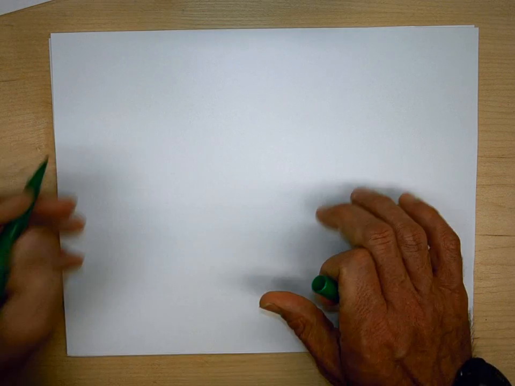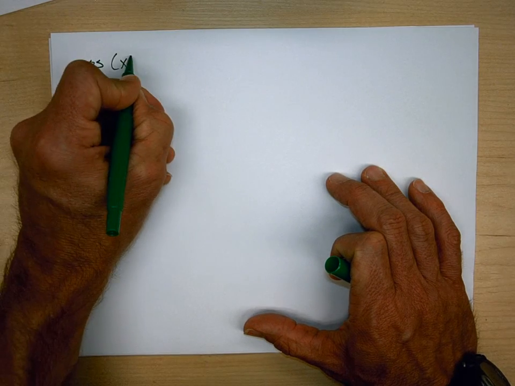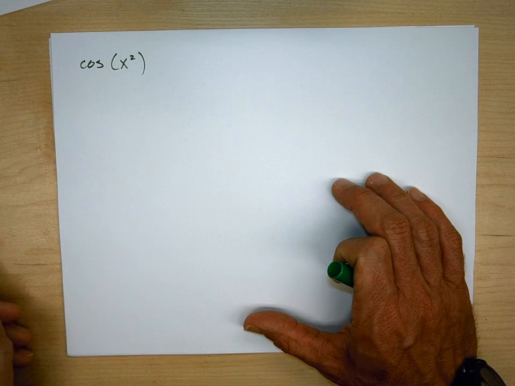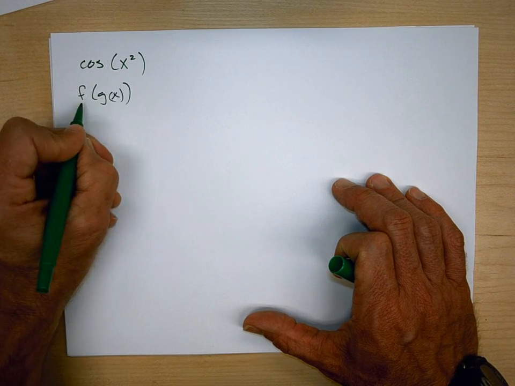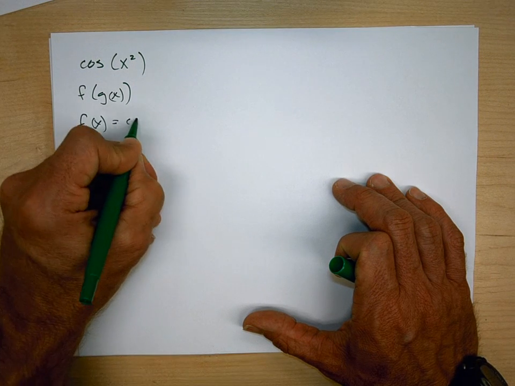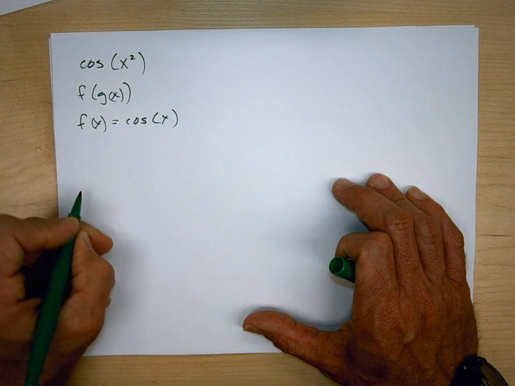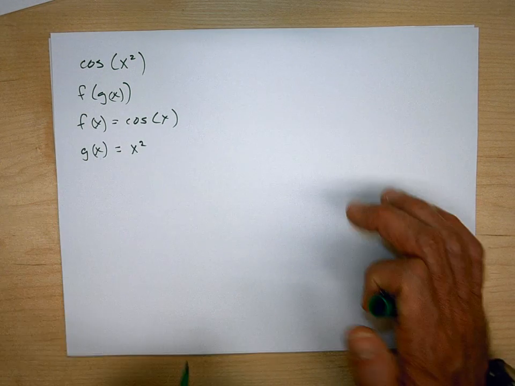So the first one was cosine of x squared. And at least for this first one, I'll do it both ways. If we think of f of g of x, we have an outside function and an inside function. So f of x is cosine x, and g of x is x squared.